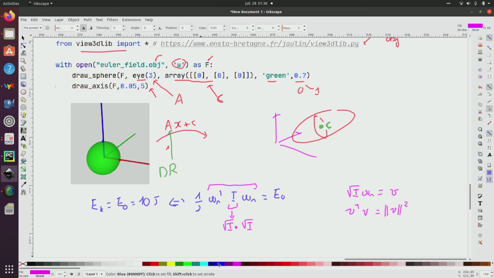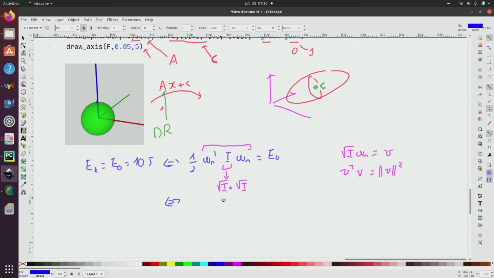As a consequence, this expression is equivalent to the norm of v squared, which corresponds to this omega r squared, so the 2 here I put on the other side, and it will be equal to 2 E0.